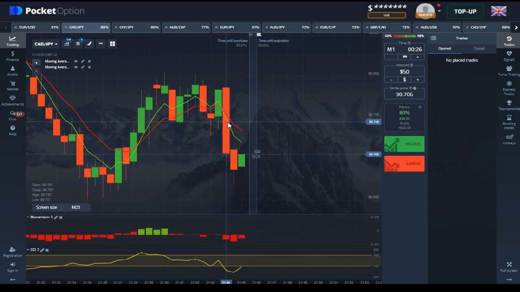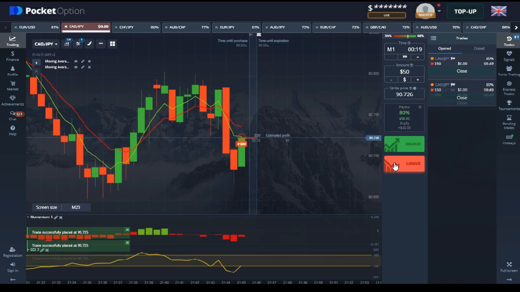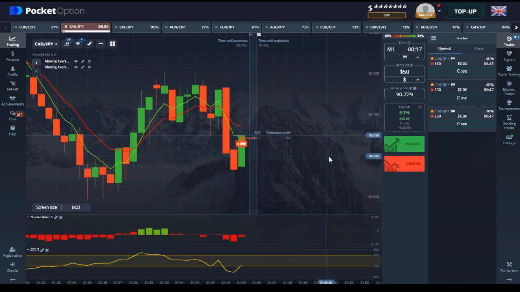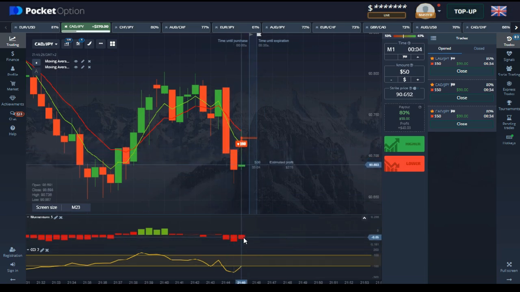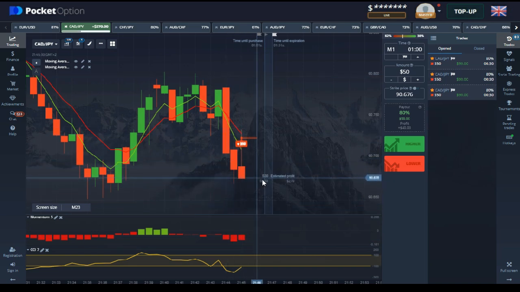There is a cross, but it's too far down, so we need to take the trade when the market goes up somewhat and then goes down again, because momentum and CCI are showing a downtrend, and it's a huge drop.